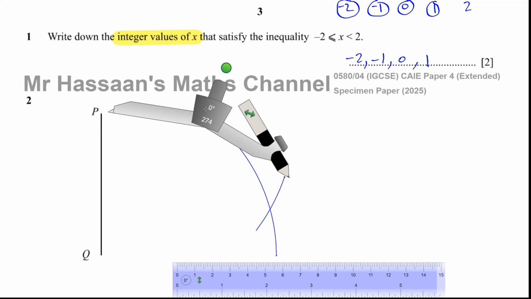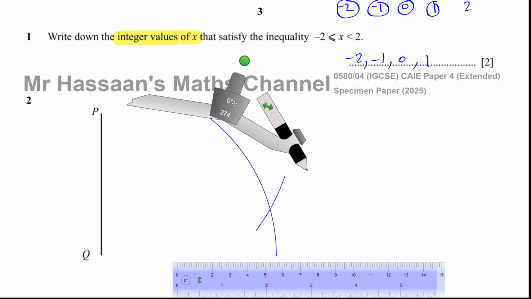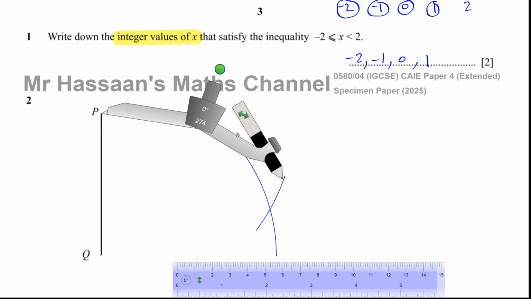Everywhere along this arc here is going to be 11 centimeters. So where these two arcs meet is going to be a point which is both 10 centimeters from Q, and also 11 centimeters from P. So that must be where R is.